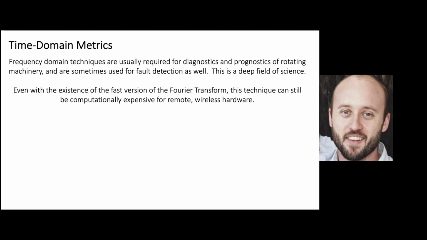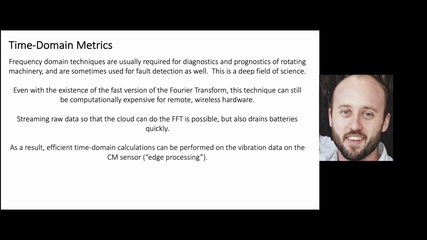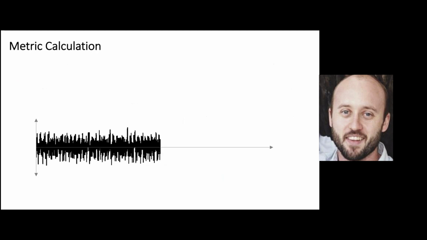So if we're trying to perform local calculations, we can't afford to perform a Fourier transform. And maybe we could take raw data off that device and use a third-party software package to look at the frequency domain. But it might be more efficient in some cases to do calculations on the sensor itself. And that's where we get to what we call these various time domain metrics.